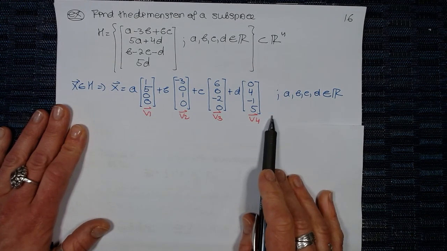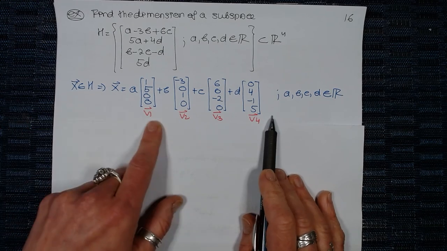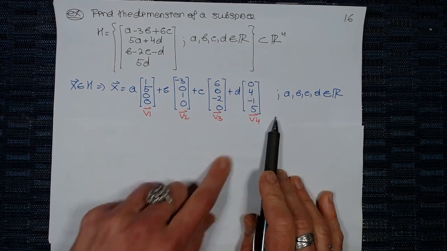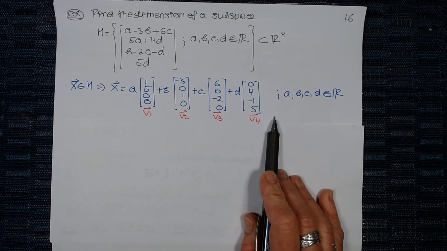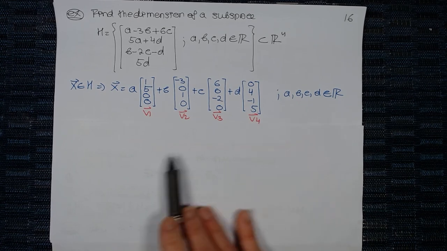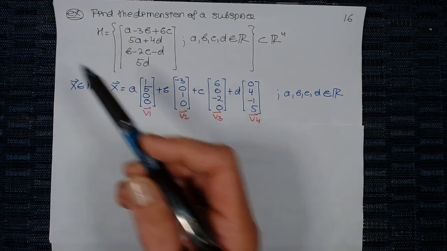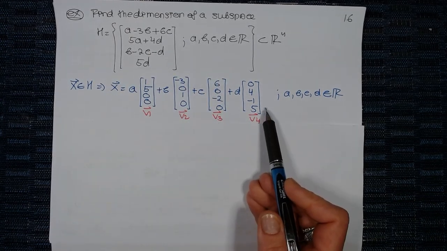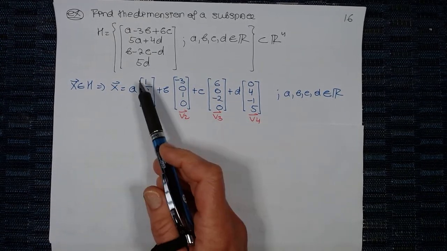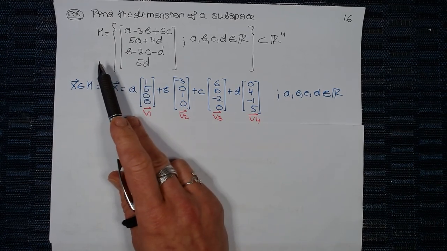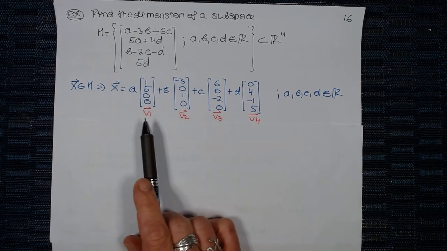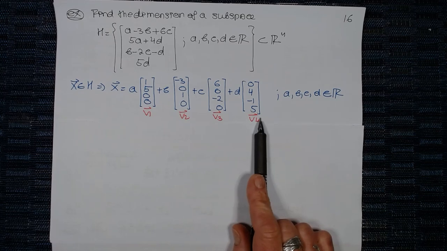So each x in H can be expressed as a linear combination of those 4 vectors.